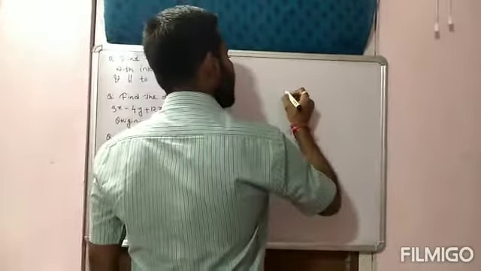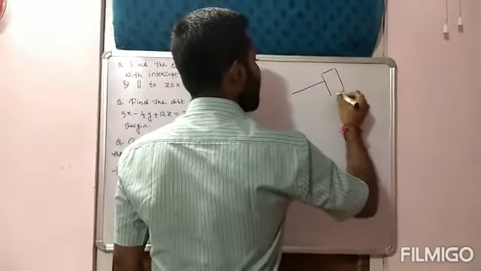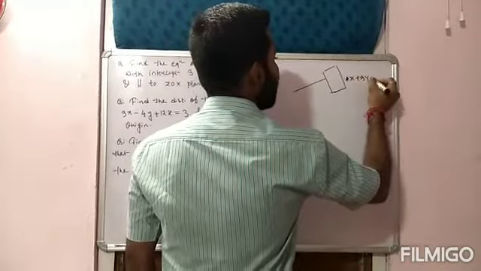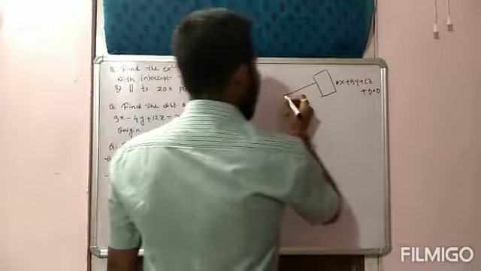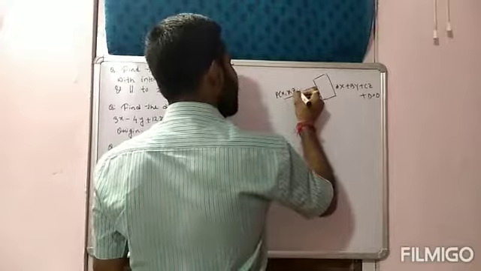We know the distance of the plane from any point. Suppose the plane whose equation is ax plus by plus cz plus d equal to 0, and there is one point, say P, whose coordinates are x1, y1, z1.